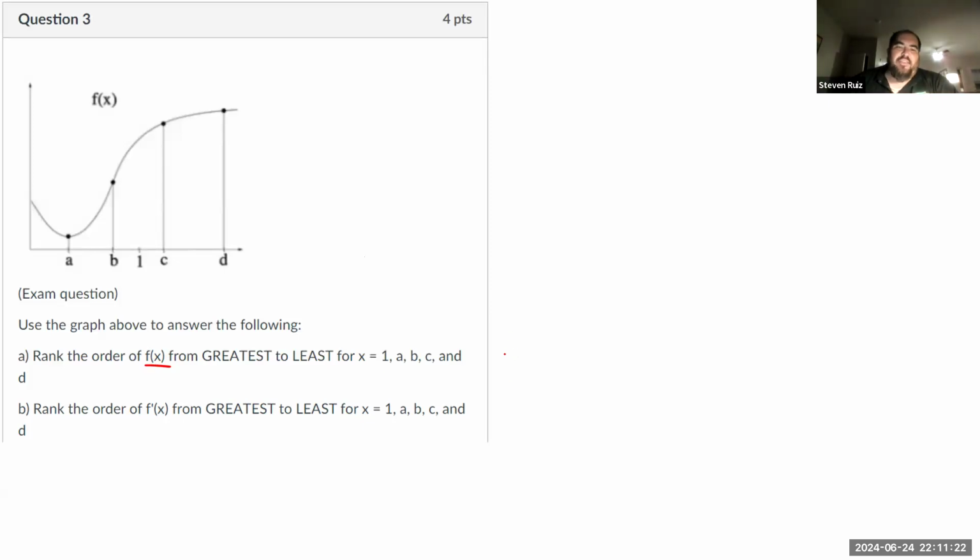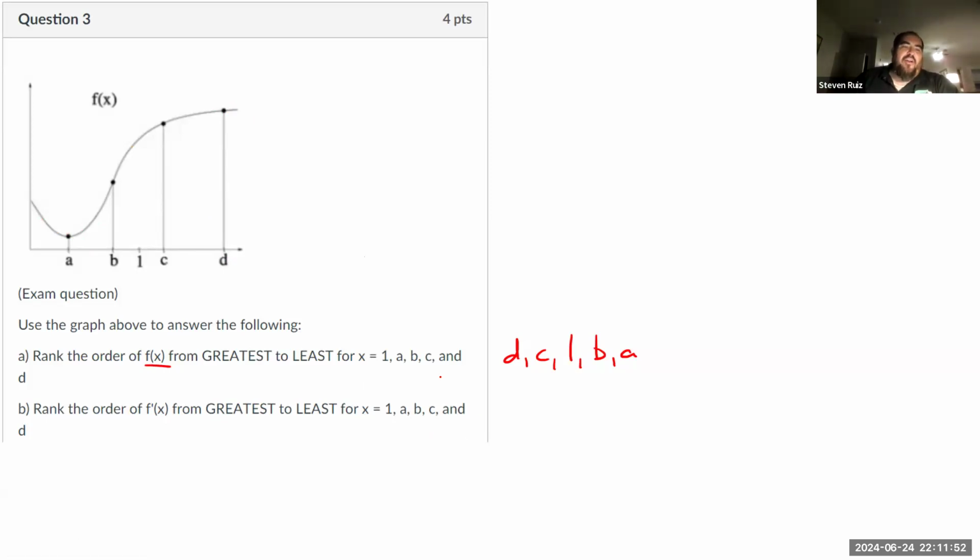So my highest point is point D, followed by C, followed by 1, followed by B, followed by A. As you read this function from x equals A to x equals D, it's an increasing function. So the greatest value is going to be the furthest right, and the least value is going to be the furthest left, and everything stacks up in that order.